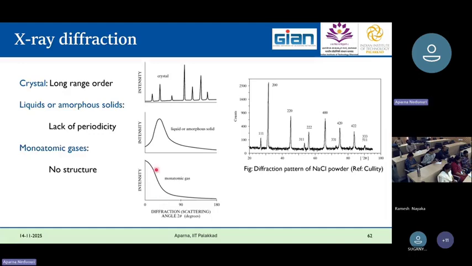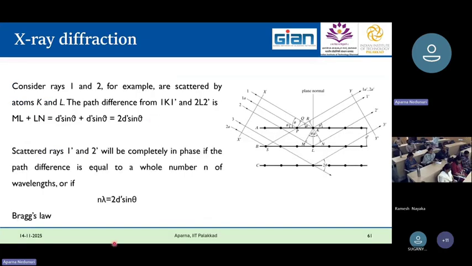If we see the interaction of X-rays with a crystal, which is highly ordered, you can understand now that the wavelength from the target that we are talking about is constant.